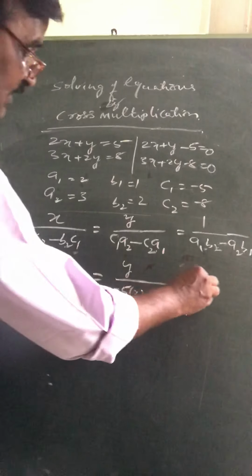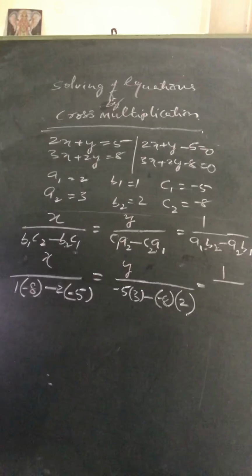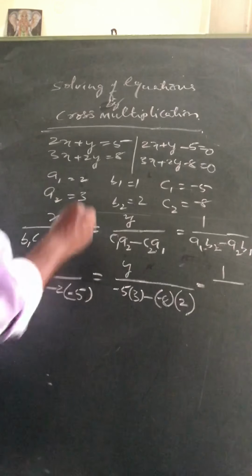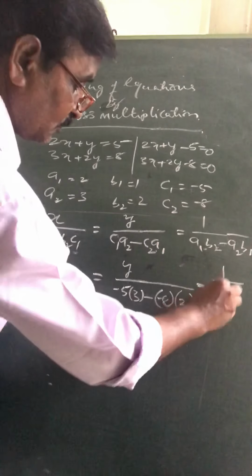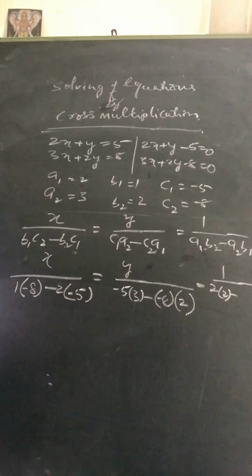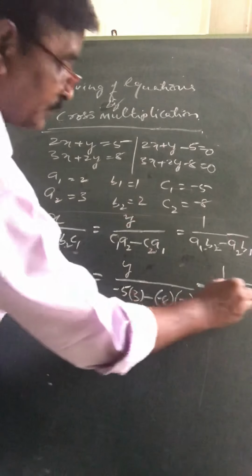Now is equal to 1 by a1 b2, 2 into 2, minus a2 b1, 3 into 1.